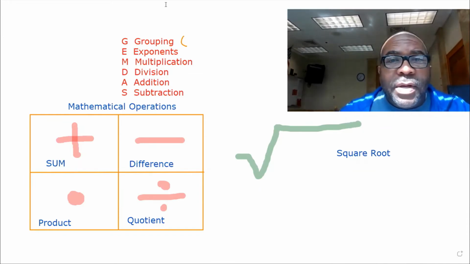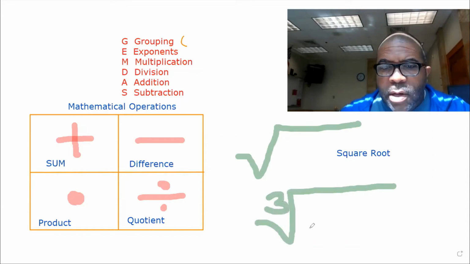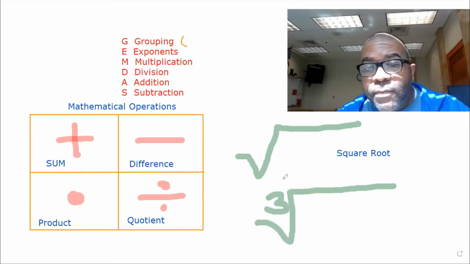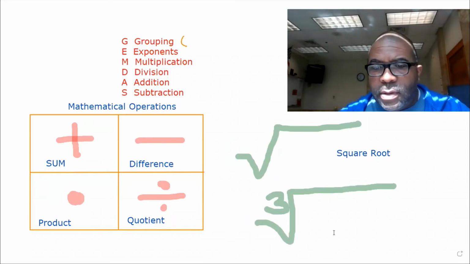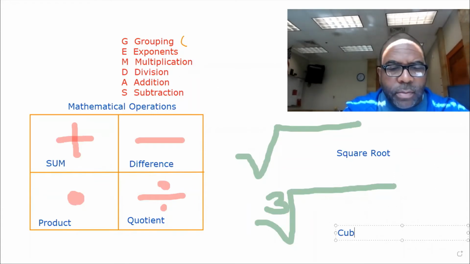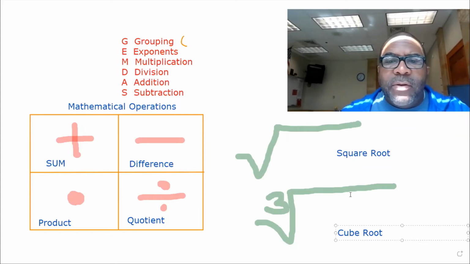And then you're going to see something that looks like this as well. Whenever you see this, you're going to see the 3, and this is cube root. Now, let me show you what the difference is.